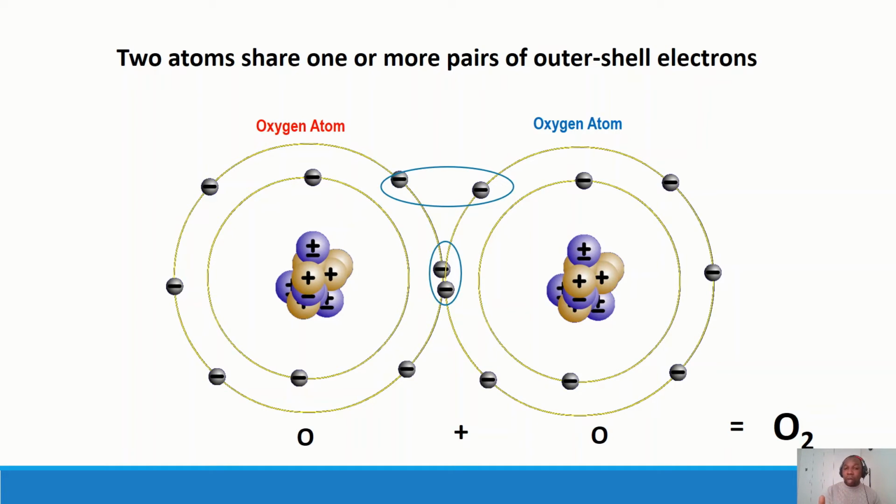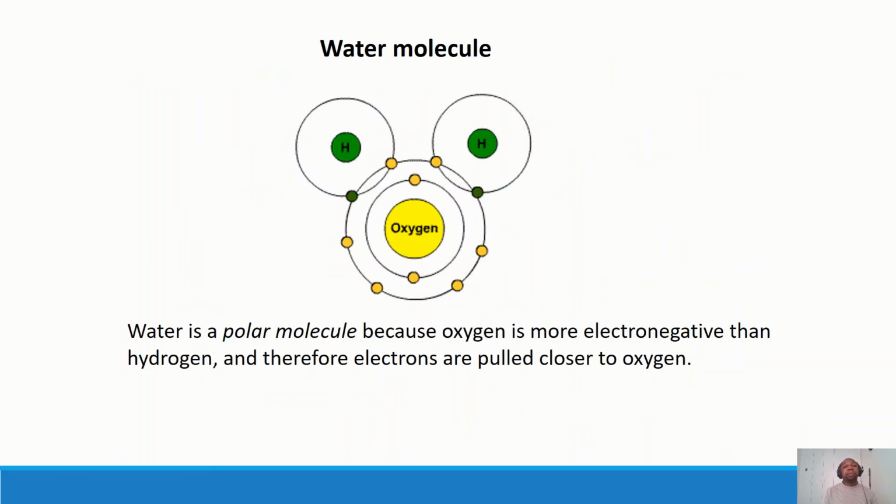Now, a quick question here. How many bonds are they going to form? It's going to be 2 because they are bonding together with this and they're also bonding together with this. So it's going to be O double bond O. That's going to be a double bond between them.